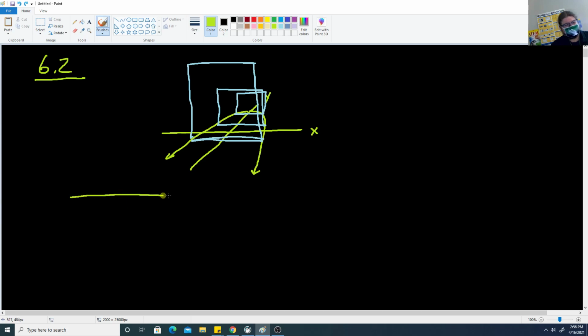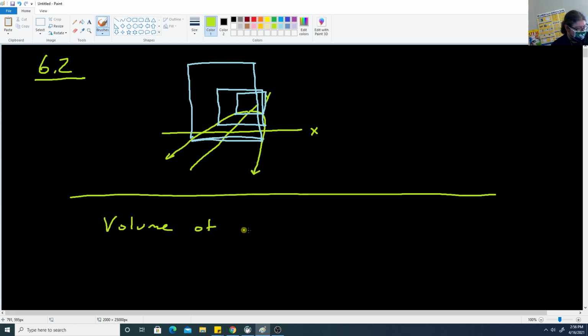So the equation we're going to be dealing with is, we'll say this will be the volume as the integral of the cross-sectional area.